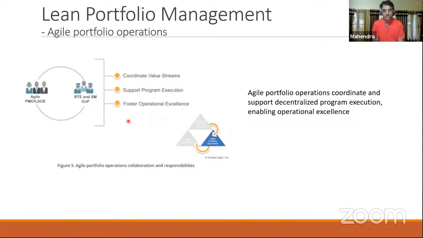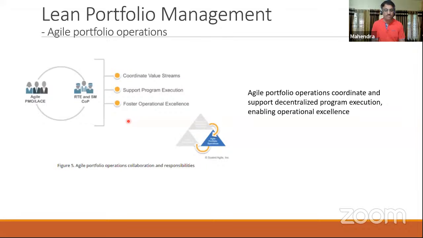Then we talk about portfolio operations. Any organization will have operational overheads as well. In the erstwhile world, we did have the PMO function, the project management office. Here we are talking of agile PMO. It is not just a change of name; the way we operate is also different. The agile PMO ensures that there's coordination between the various value streams.